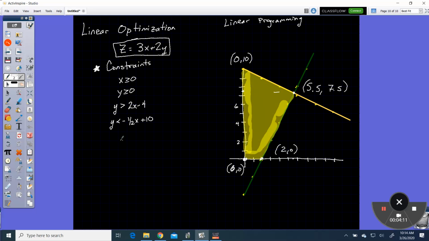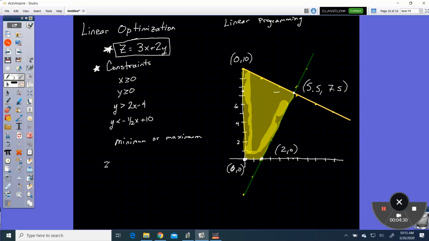So now if it says to find the minimum or maximum, either way, what we do is we plug them back into this master equation that they've given us, z equals whatever, because this is the equation that we're optimizing.